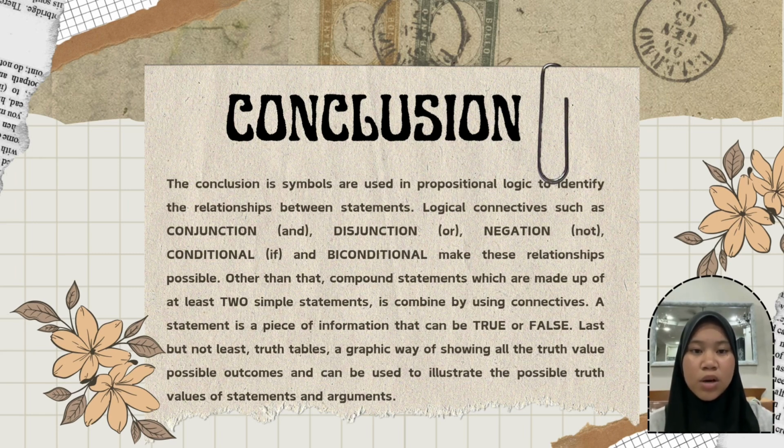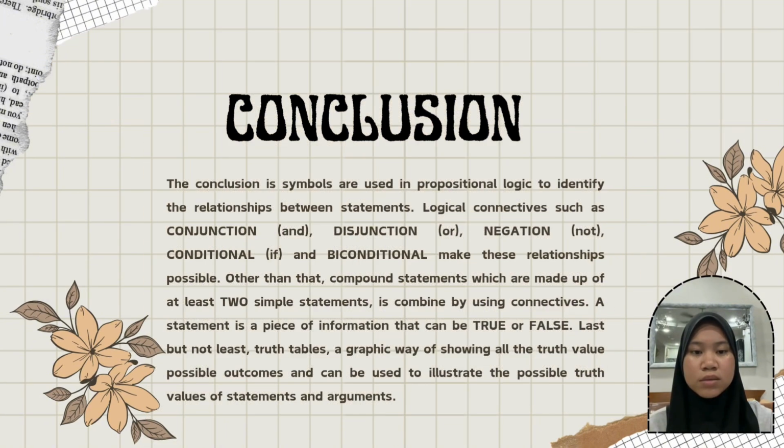Other than that, compound statements, which are made up of at least 2 simple statements, are combined by using connectives. A statement is a piece of information that can be true or false. Last but not least, truth tables are a graphic way of showing all the possible truth value outcomes and can be used to illustrate the possible truth values of statements and arguments.